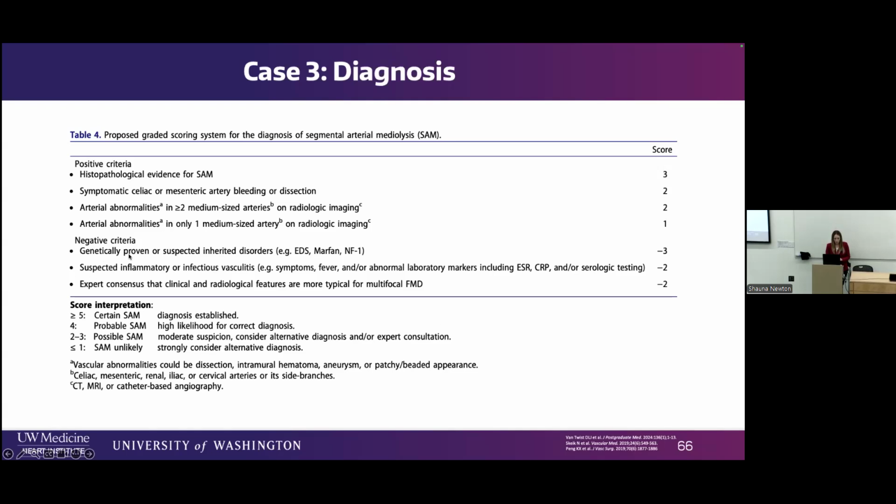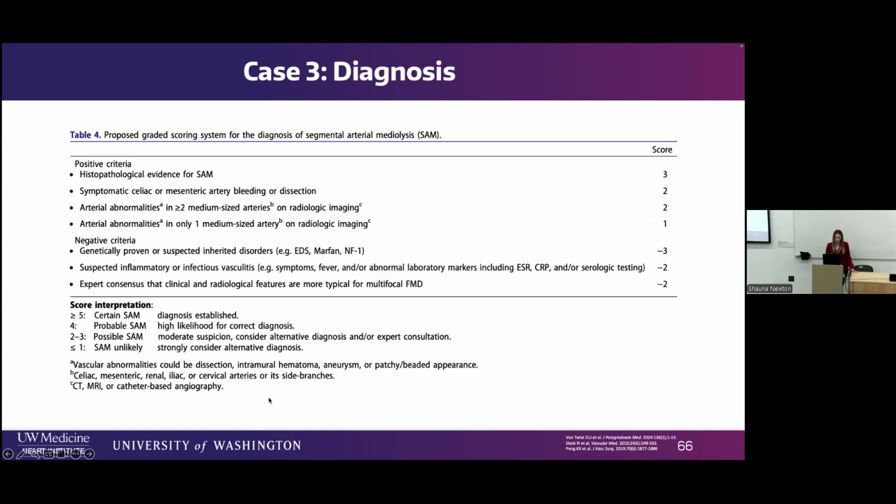But we can see here, for our patient, he initially just had arterial abnormalities, and you're looking for specific arterial abnormalities of dissection, hematoma, aneurysm, or a patchy beaded appearance. You're looking in specific arteries, usually the celiac, mesenteric, renal, iliac, or cervical arteries, or their side branches. And so our patient initially would just have a score of 2, which is possible SAM.